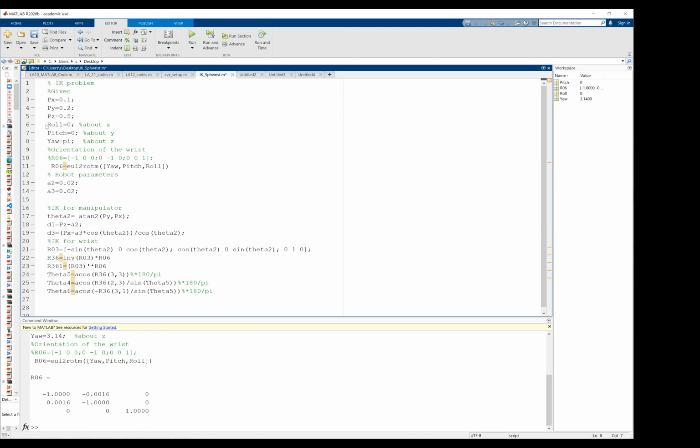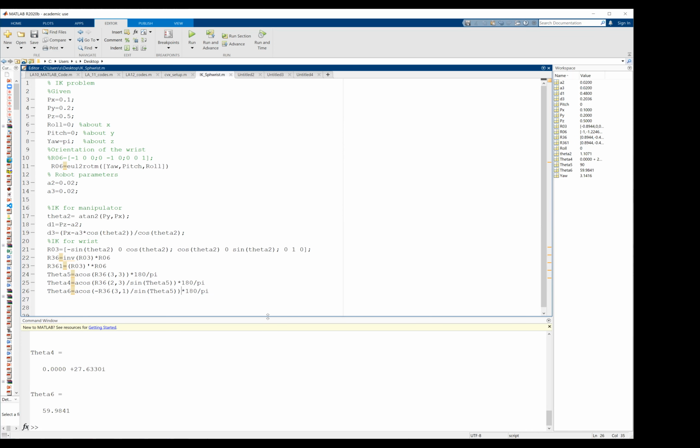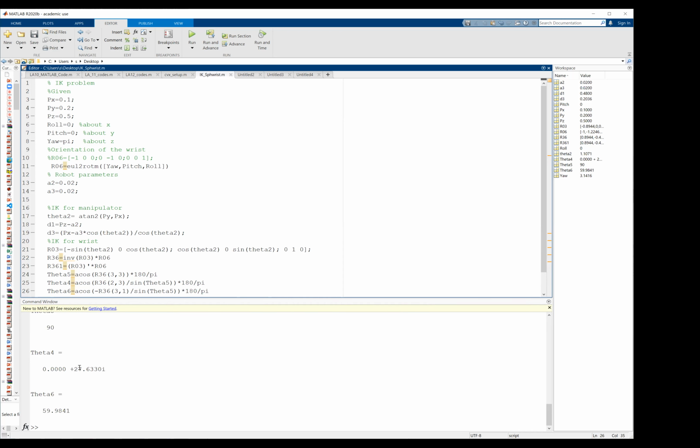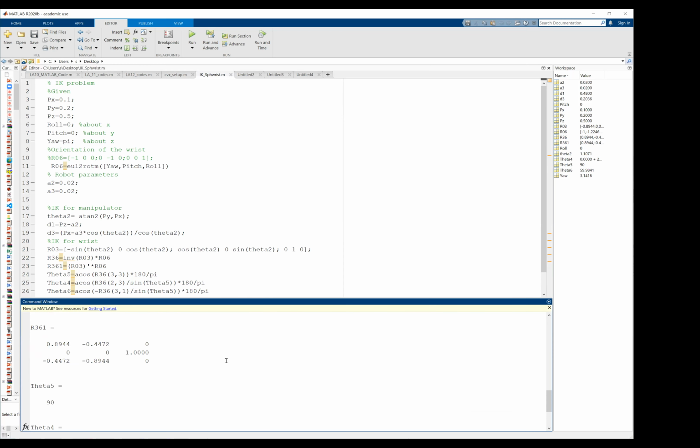That is because of floating point arithmetic. If you do it like this and run this code, you are going to get correct answers. I will upload this code into MATLAB. For practical purposes, this is 0.